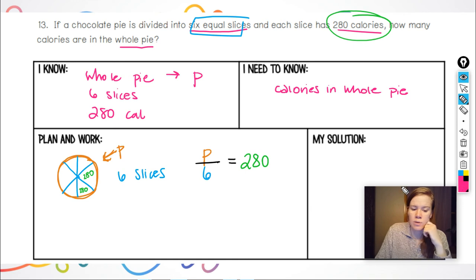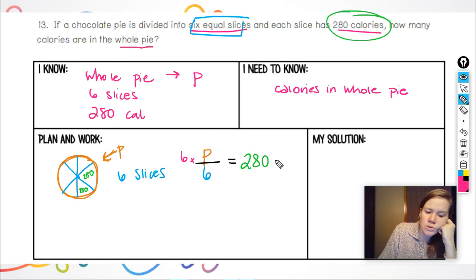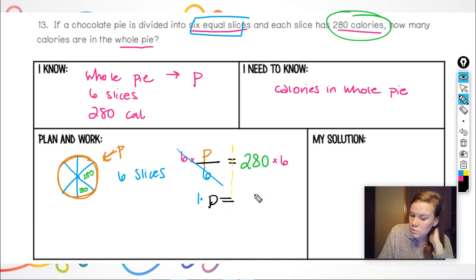We're going to use inverse operations to solve. So you're going to multiply both sides by 6 to undo this division, right? You do it to both sides of your equation. Okay, so my 6's are going to cancel out, and I'm going to be left with 1 times that pie calorie amount, and that's equal to 280 times 6, which I believe is 1680, but let me check on a calculator.